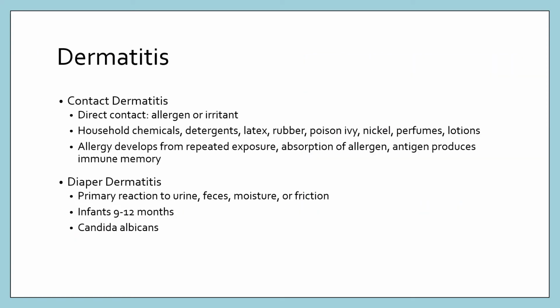So dermatitis, this is one of the most common things you'll see in kids. Contact dermatitis is direct contact with something that causes either an allergic reaction or some sort of reaction. So in kids, they're very susceptible to getting dermatitis from touching chemicals, such as maybe cleaners, for example.